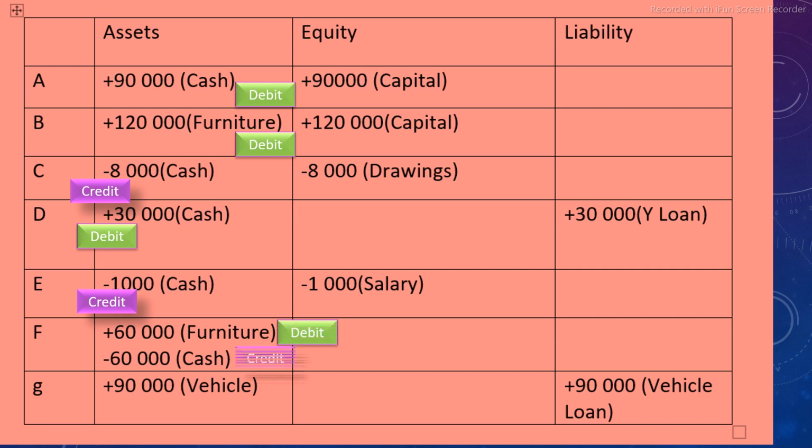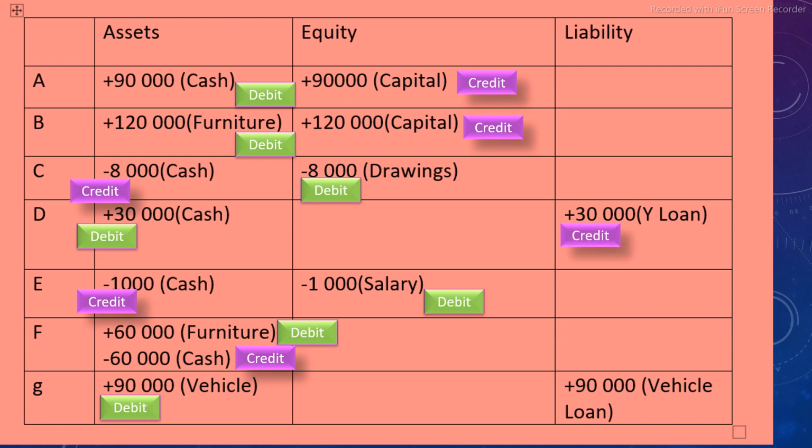Plus is debit, minus is credit. G, asset increases, debit. When you come to the equity column, increases are credit and decreases are debit. So credit, credit, debit, debit. Likewise, if you come to liability, increases are credit, so credit, credit. This is how we convert the plus and minus into debits and credits.